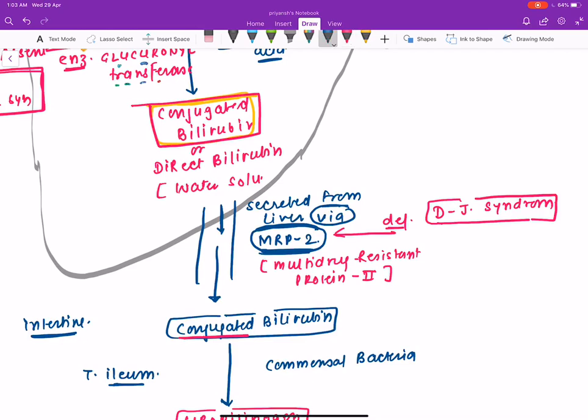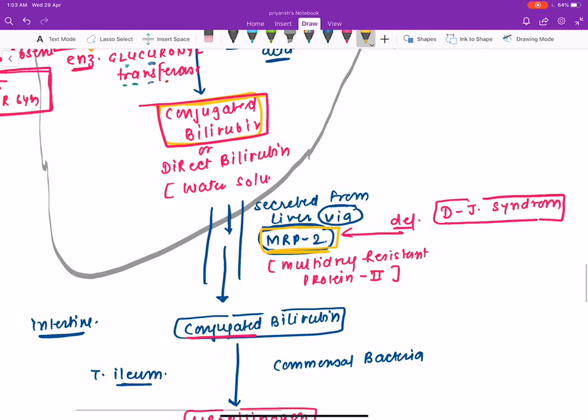If there is any other cause leading to defect in the secretion other than MRP2, that will be called Rotor syndrome. See, in the secretion we require multiple factors. The most important is MRP2. If the MRP2 is not working, we will say it is Dubin-Johnson syndrome. If any cause other than MRP2 leads to conjugated hyperbilirubinemia, then it will be called Rotor syndrome.